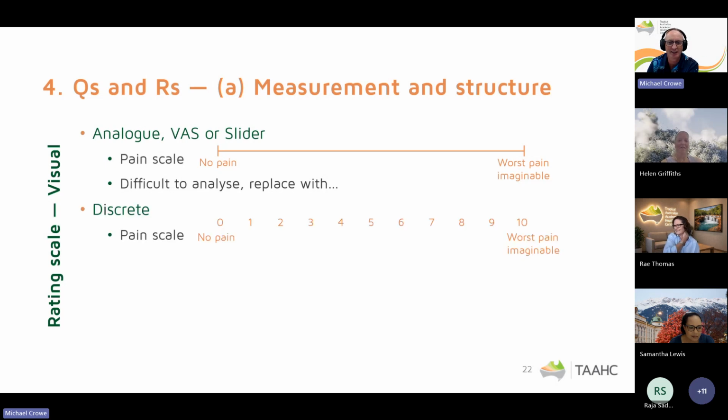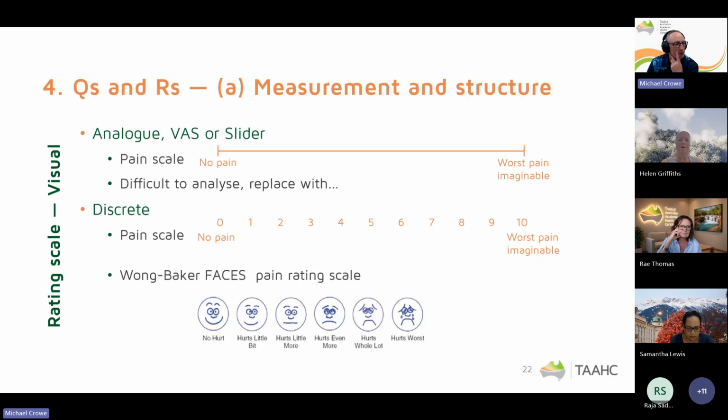Go discrete instead and get people to just put a number in from 0 to 10. So how much pain did you feel? 0 is no pain, to 10 being the worst possible pain imaginable, which we've all been asked or asked of others from time to time. So I don't know why people bother with the visual analog scale anymore.